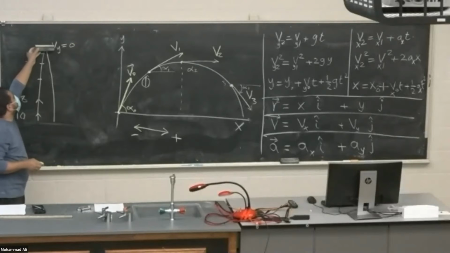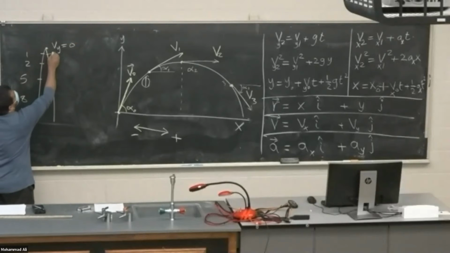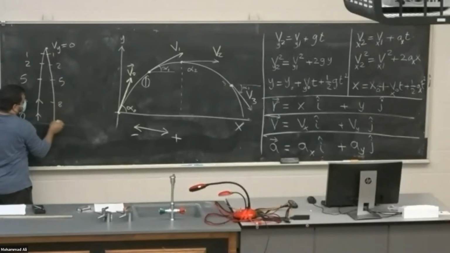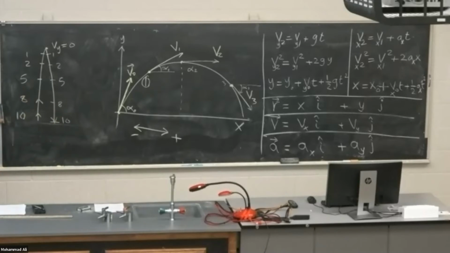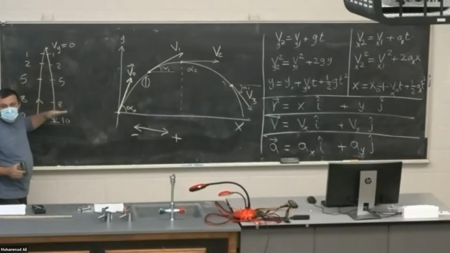Then it will start again going down as a free fall. Then its velocity will be again 1, 2, 5, 8, then 10, but with the opposite direction. Because we don't have any friction force, at each altitude we have the same velocity. This is the y motion.